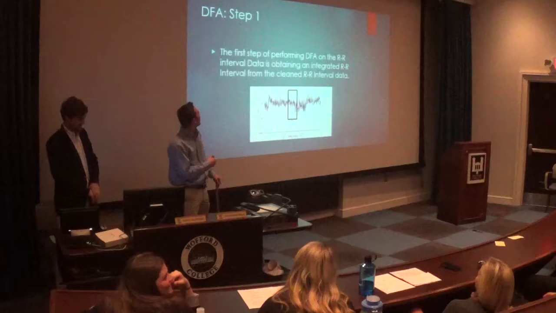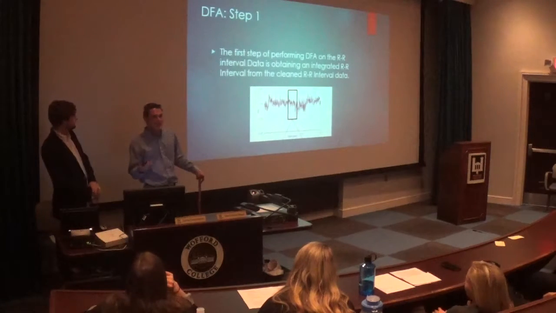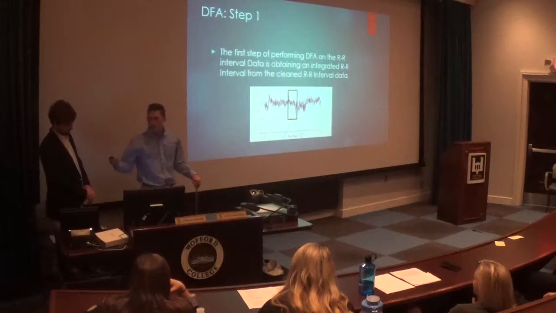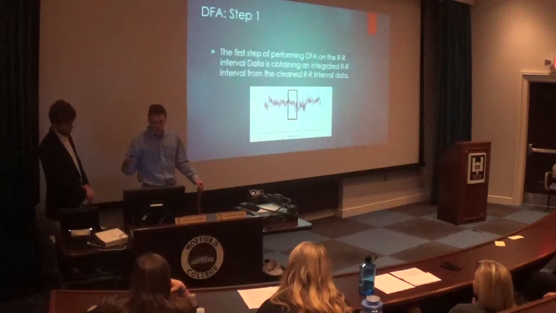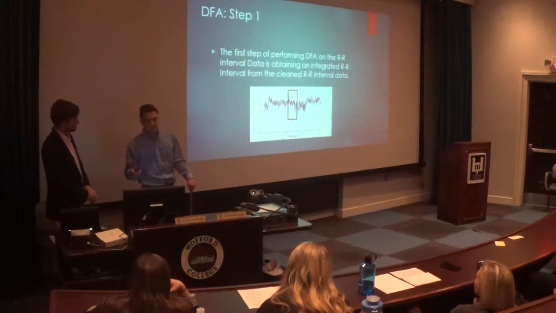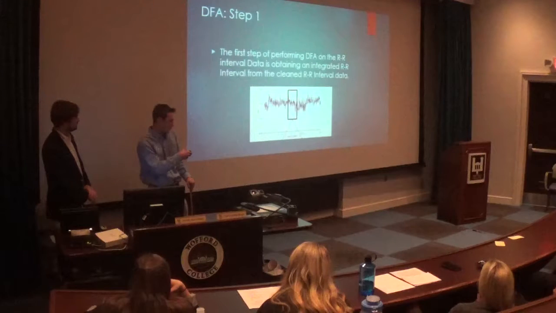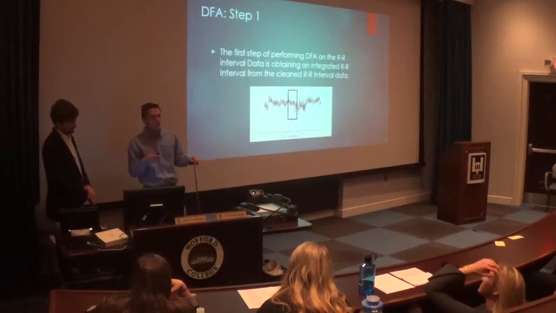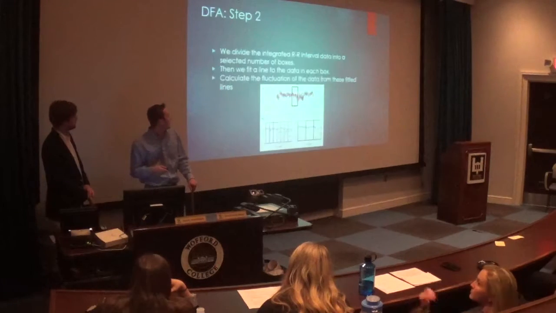That's the key there. But the first step of performing a DFA analysis is that we obtain the RR data that Drummond has cleaned, and then we find the mean RR value, and we add up the fluctuation from that mean, and we obtain an integrated RR value. It looks kind of similar to the RR value, but this is just how far a given point gets away from the mean of the data.